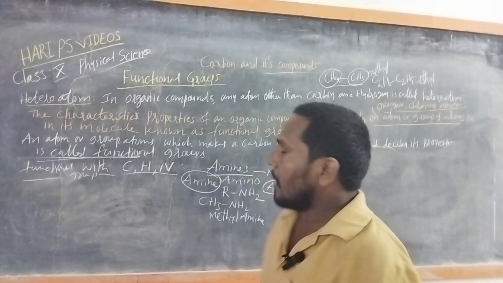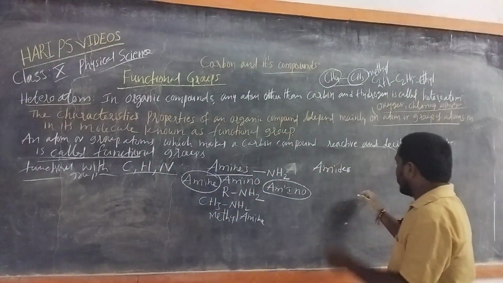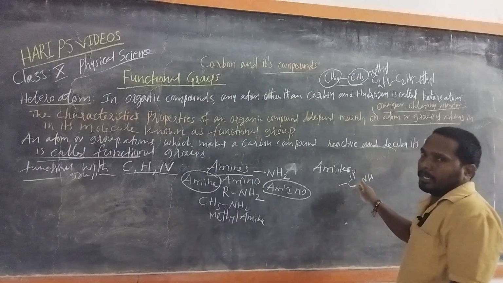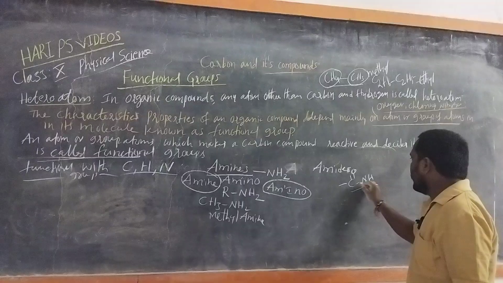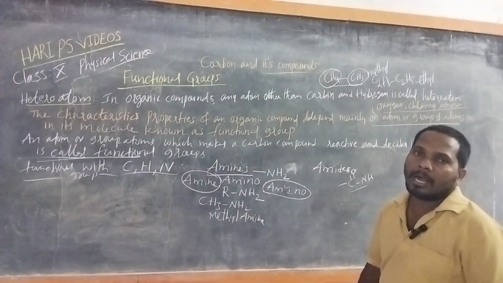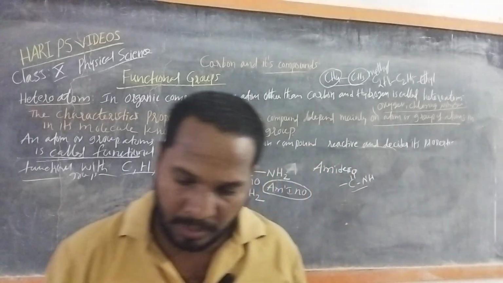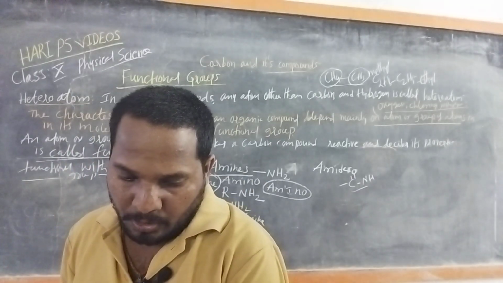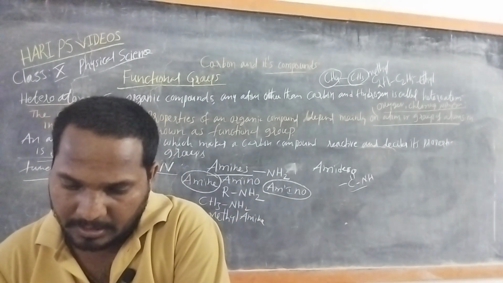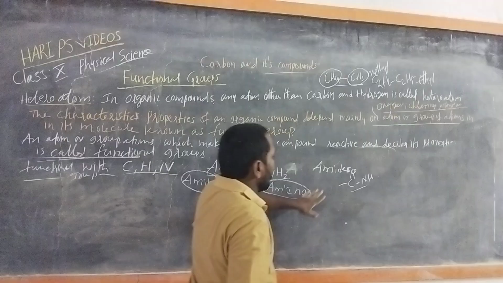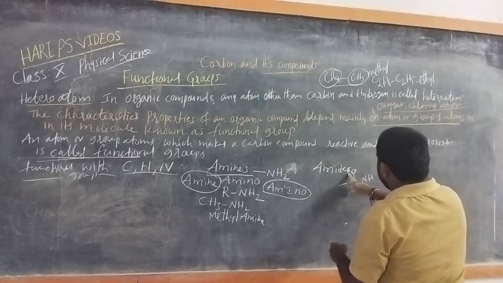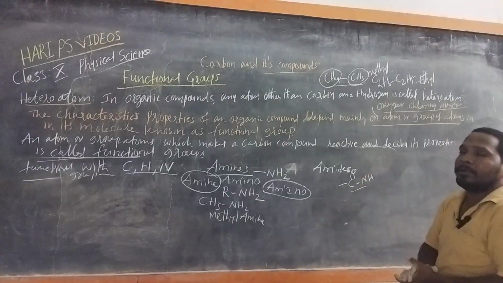Then amides. Amides consist of C double bond O and NH2. These are called amides. We observe them in proteins.